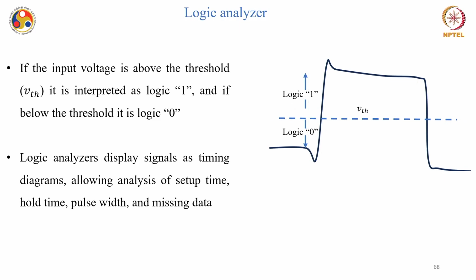Say if the input voltage is above the threshold VTH, it is interpreted as logic 1, and if it is below this threshold, it is considered as a logic 0. Logic analyzers display signals as timing diagrams, allowing analysis of setup time, hold time, pulse width, and any missing data. They also provide advanced triggering, high density probes, and analysis features useful for digital system debugging and verification.